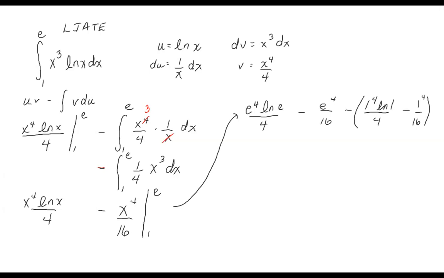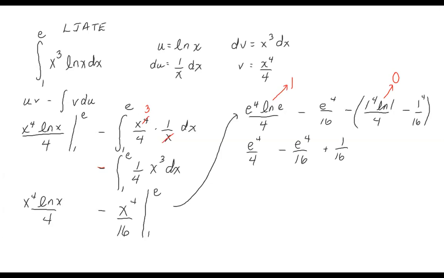So this looks a little bit ugly, but I think we can sort a couple things out. Remember, natural log of e is 1, so that's going to be nice. And natural log of 1 is 0. So I've got e to the fourth over 4 minus e to the fourth over 16 plus 1/16.